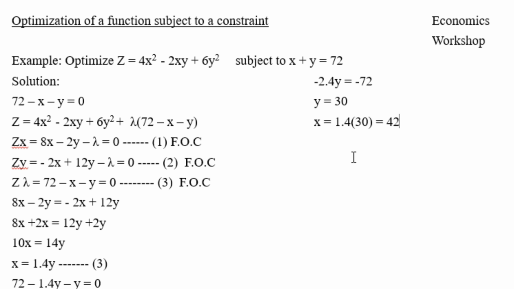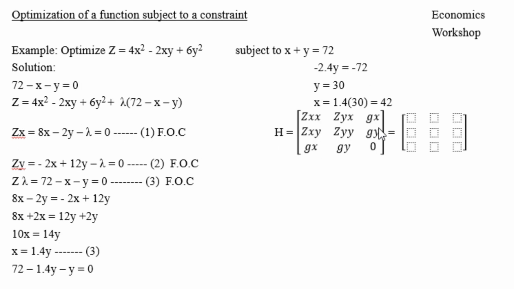So these are our two critical values. Now the next step is to take the second order partial. We are testing the second order condition using the determinant of the bordered Hessian matrix. This is the bordered Hessian matrix notation.